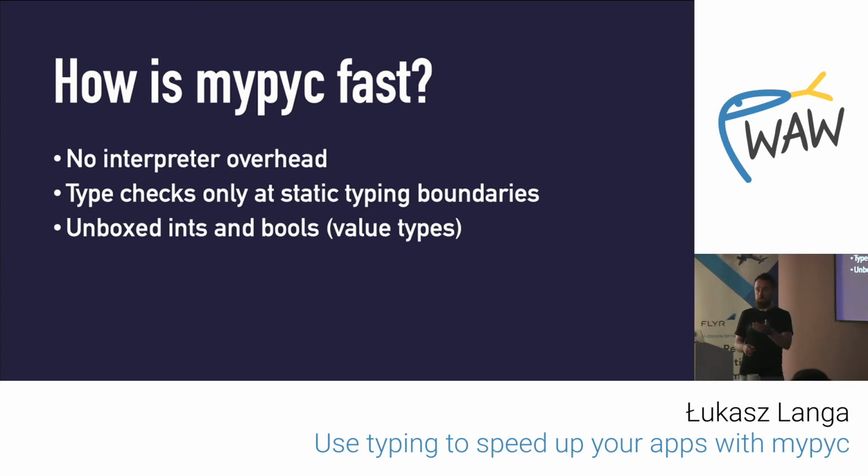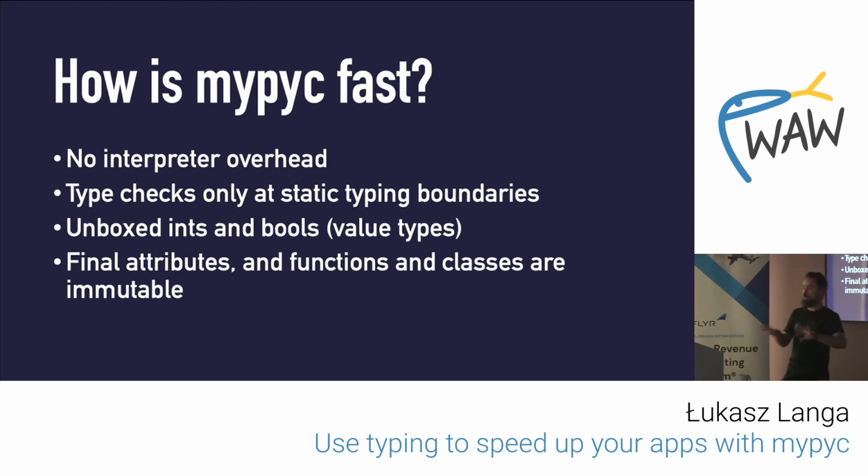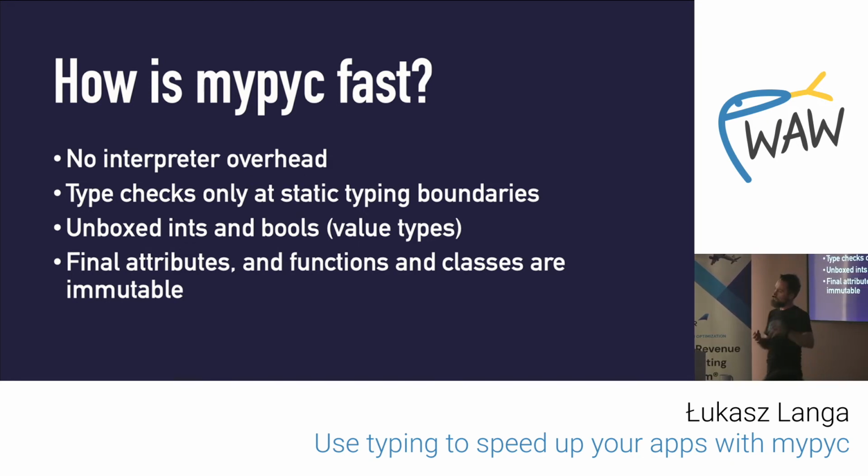Booleans, in fact, for logical code are super abundant. I wasn't aware of how boolean-heavy Python code is. And attributes that you specify as final, so they won't be reassigned later on, and the same for functions and classes, are made immutable and put in a different segment of memory, meaning they load super fast.